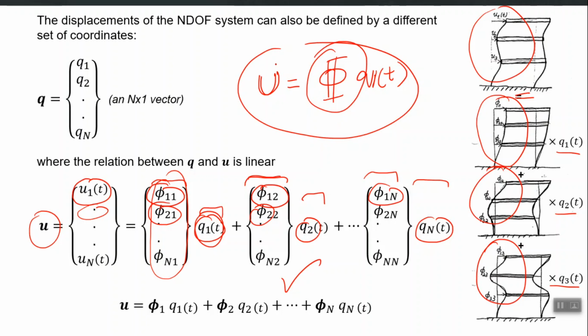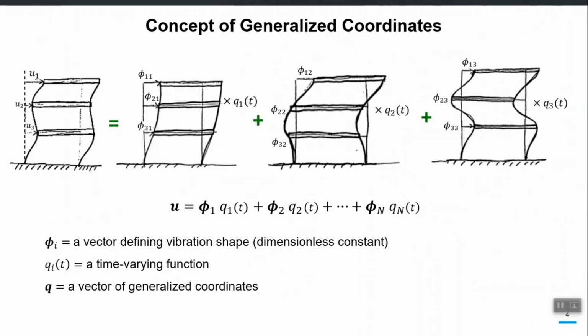U is a function of time, q is also a function of time, but u is physical coordinates, q is generalized coordinates, and capital phi is a transformation matrix containing independent, constant vectors as its columns, right. So, this was the summary of that concept.